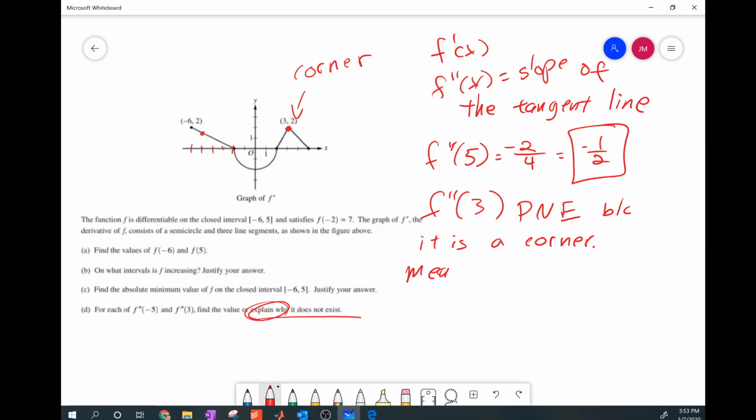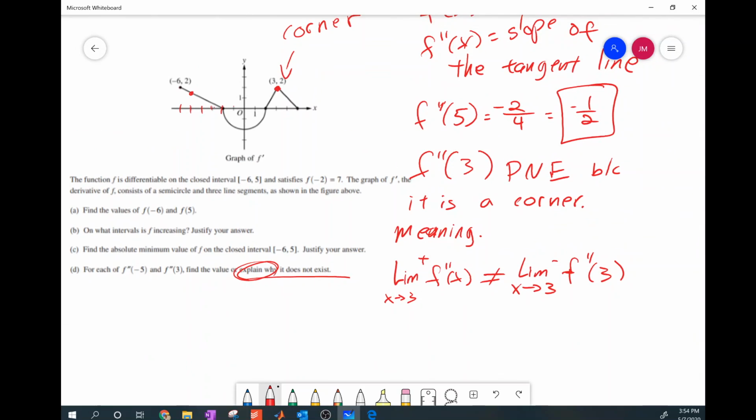Well, for it to be a corner, that just means that the limit as x approaches 3 from the right of f double prime of x does not equal the limit as x approaches 3 from the left of f double prime of x. And this is a good enough answer.